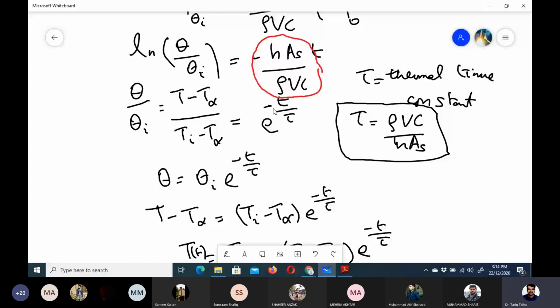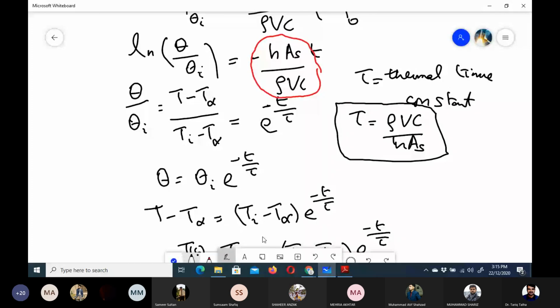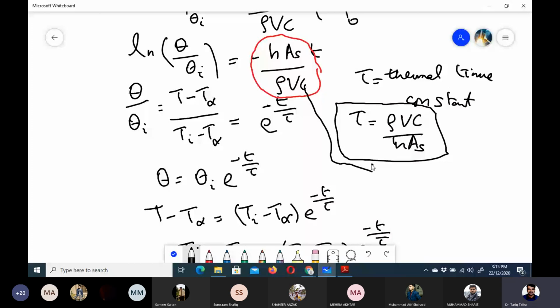Time would be equal to rho Vc upon HAS into log of theta I upon theta.